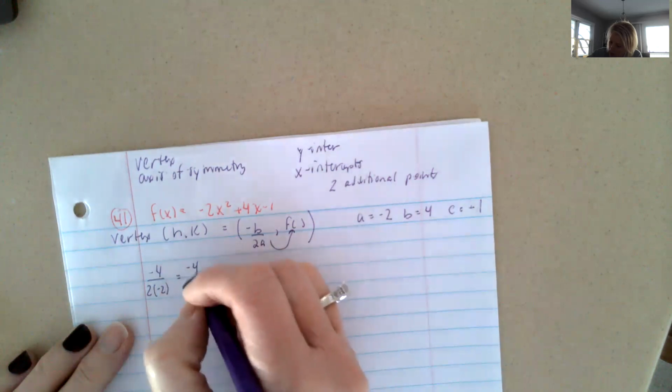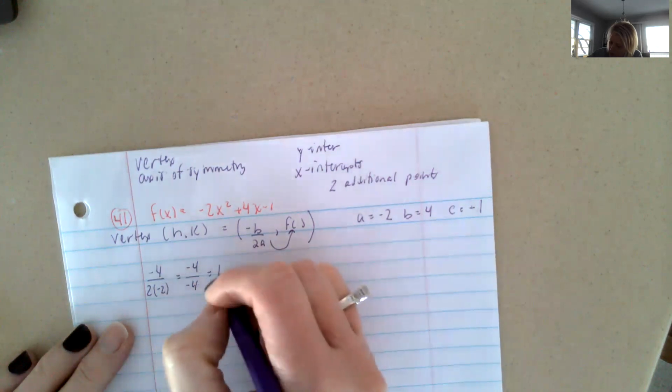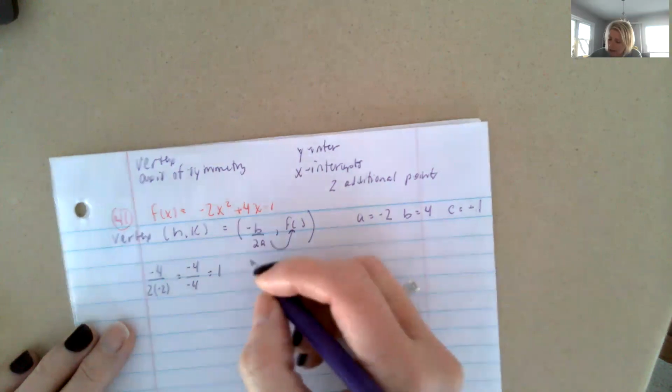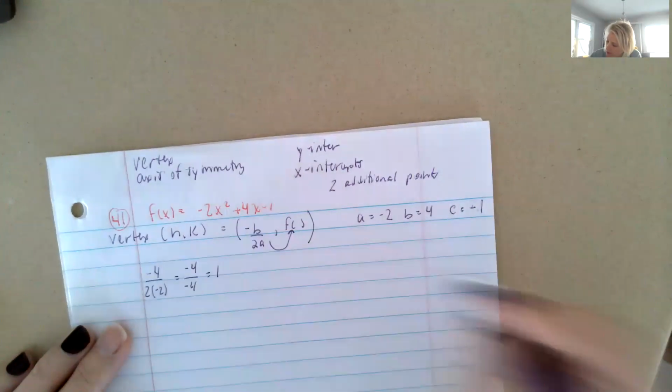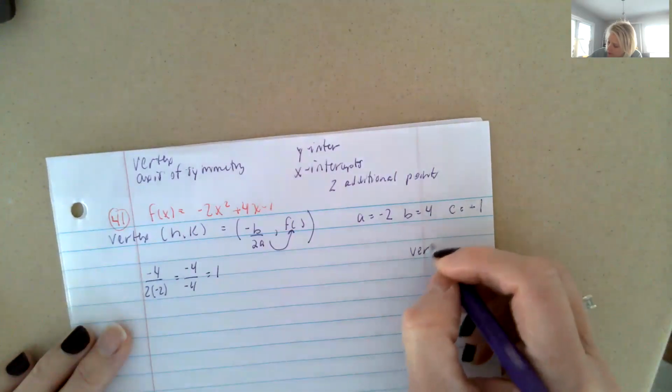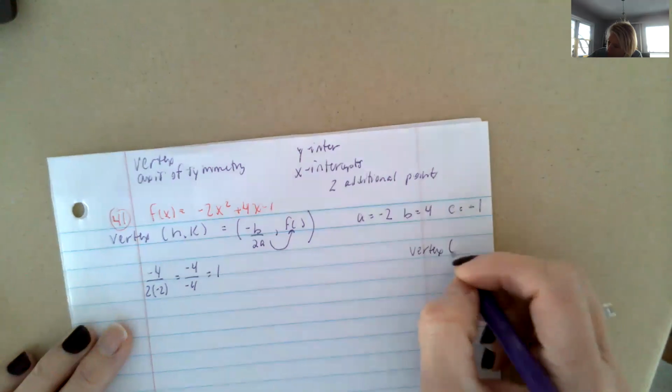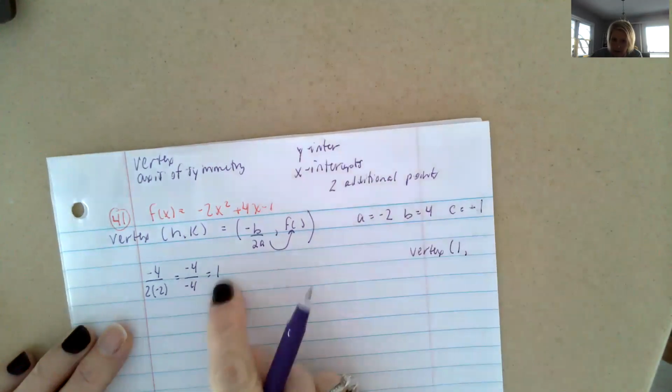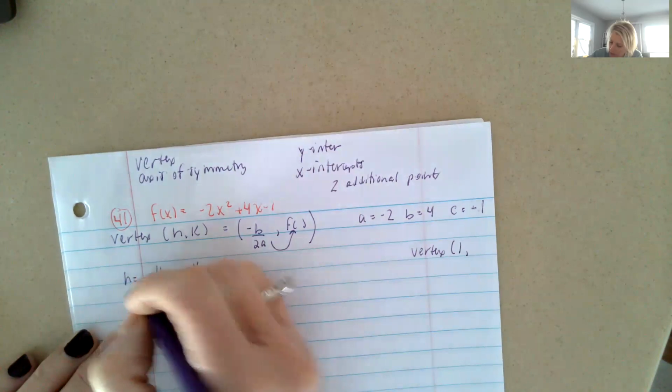So we have negative 4 over negative 4, which is a positive 1. And so my vertex, I'm going to write it over here. My h is 1.